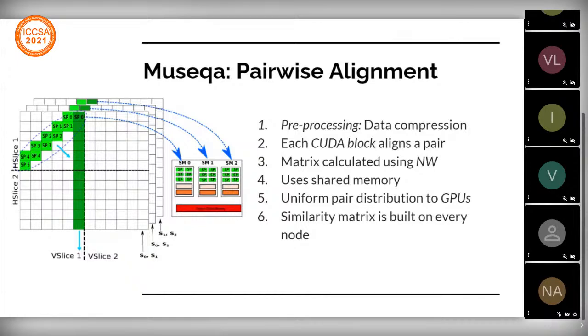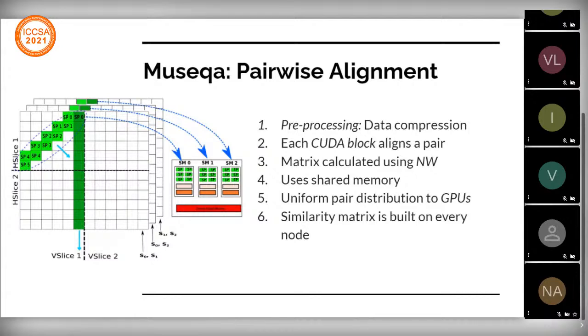They compute the same instruction with different data. So we use these to align multiple sequence pairs at the same time in order to save time. When you do it sequentially, only one sequence pair can be aligned at a time.